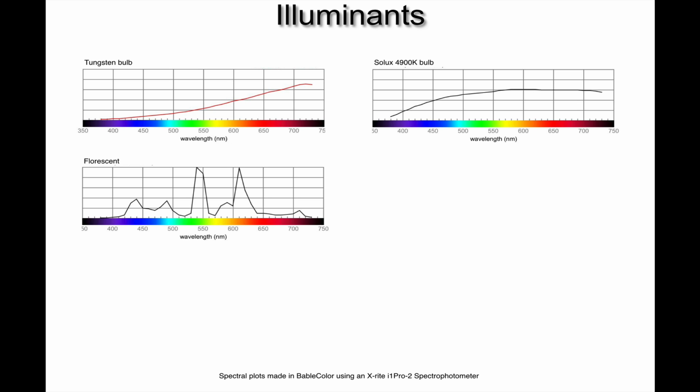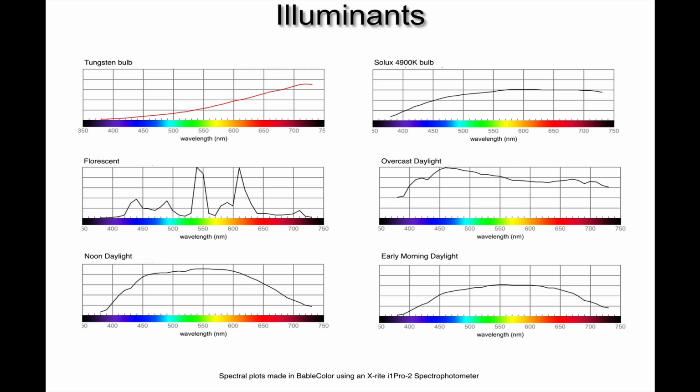And that's usually caused by mercury in those particular bulbs. This is going to play a profound effect on how your sensor in your camera is recording the color, and this is why we need to build a DNG camera profile for this particular illuminant.